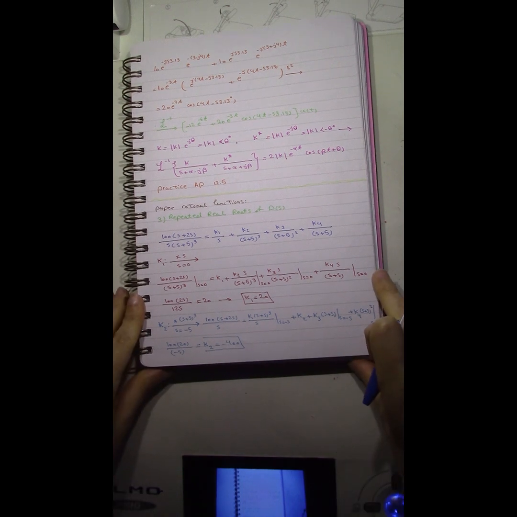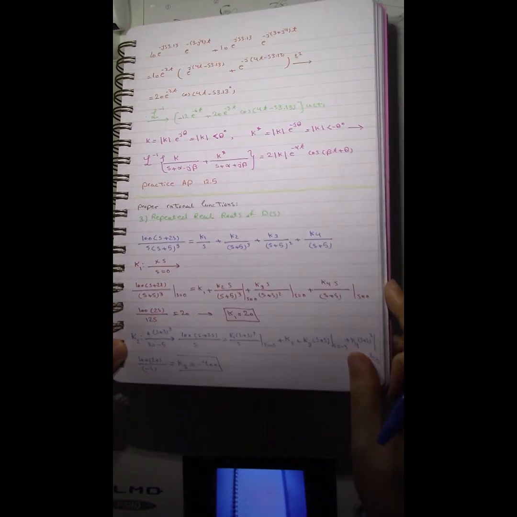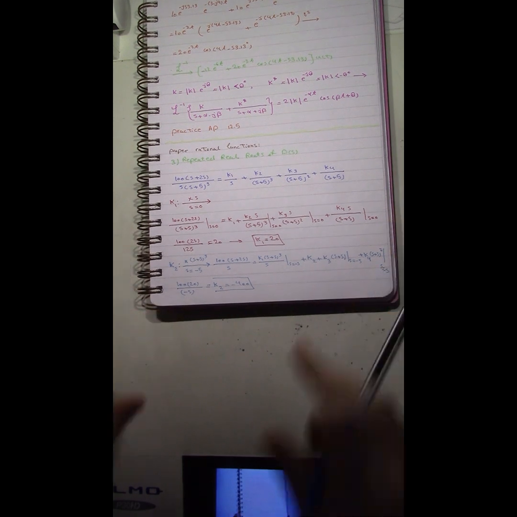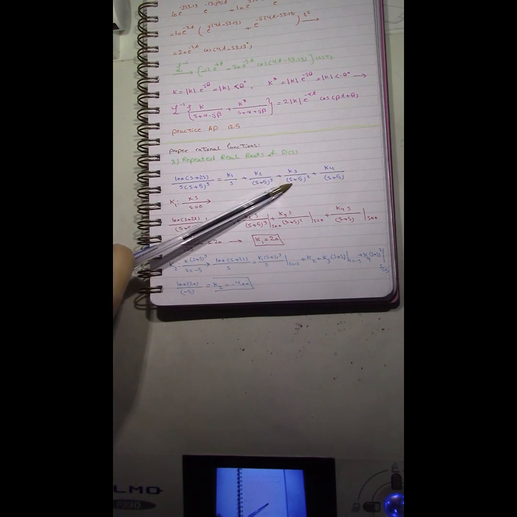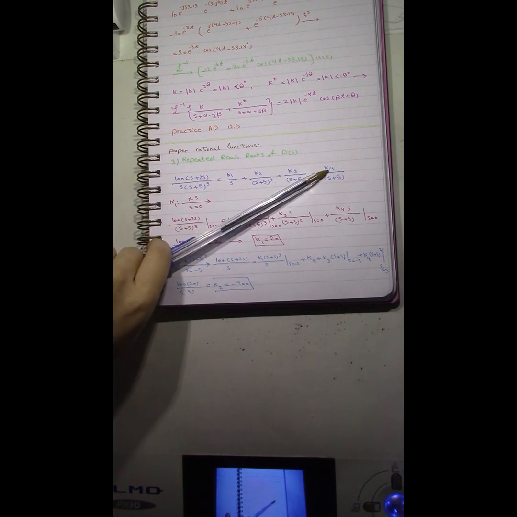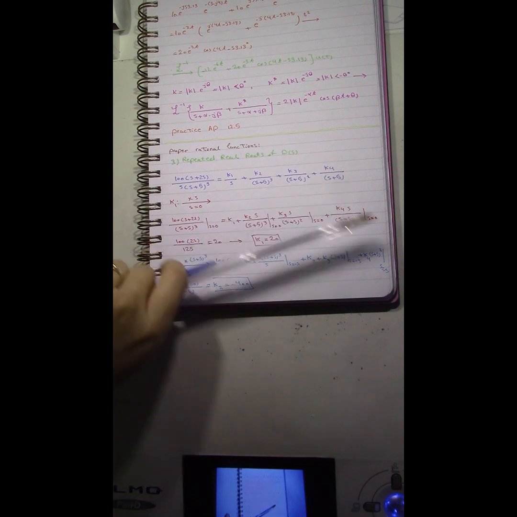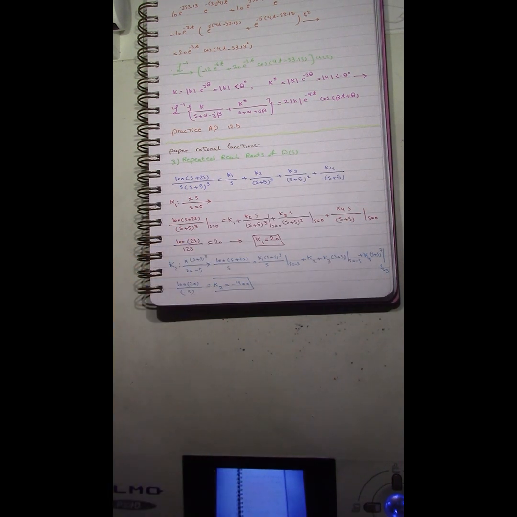Okay, the third one was repeated real roots of D of s. So what if we have repeated real roots? For example, we had a function like this, F of s: K1 over s plus K2 over (s plus 5) cubed plus K3 over (s plus 5) squared and plus K4 over s plus 5.